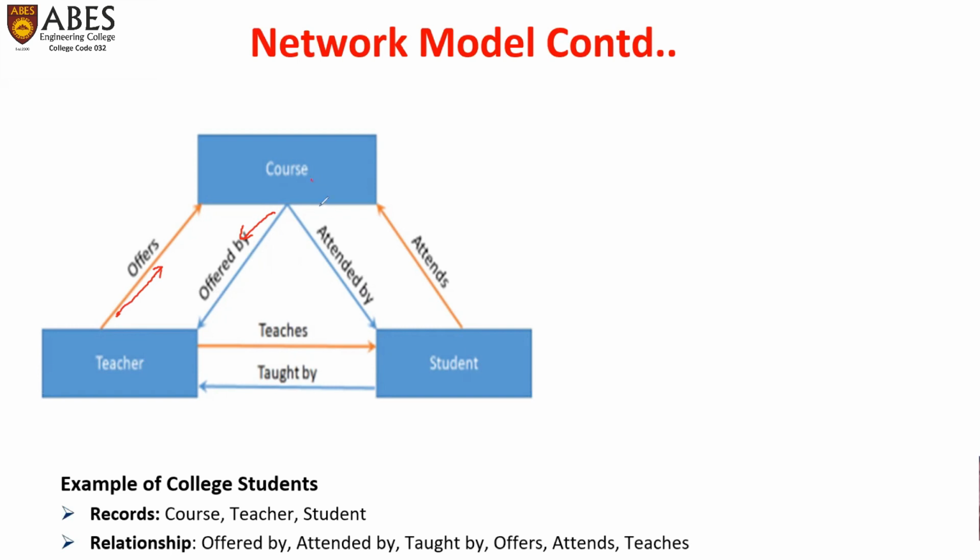Similarly, courses attended by students, student attends the courses, teachers teach the student, and taught by, or you can say student taught by a teacher. So there are records, course, teacher and student, and there are relationships: offered by, attended by, taught by, offers, attends, teaches.